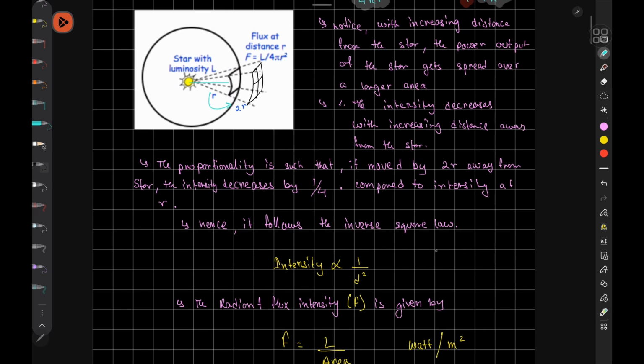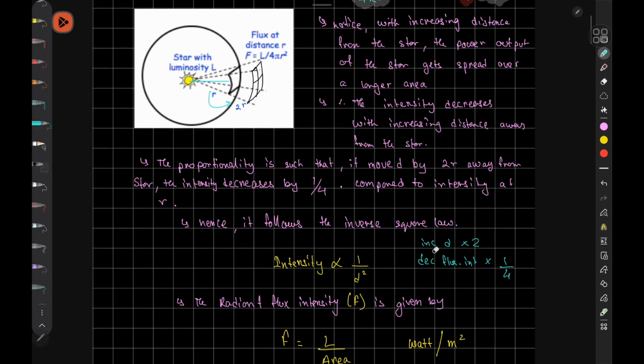So what is the proportionality? Increase in distance is twice, decrease in flux intensity is 1/4.